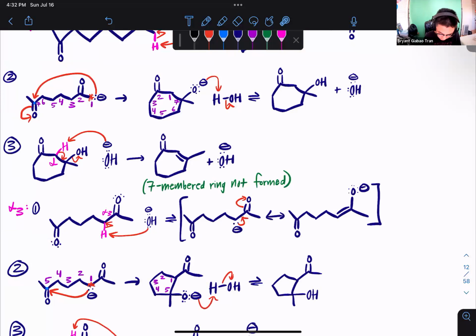This can react with itself like this and give us this product, or it could react with the other ketone, which would give us this product over here.